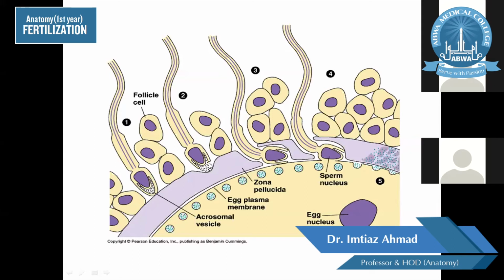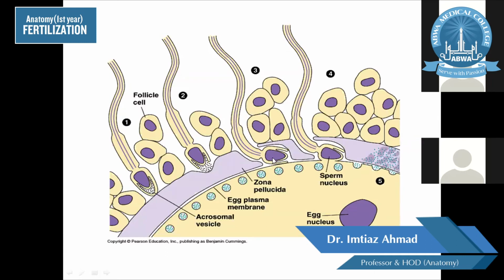They will digest a hole in the zona pellucida, and thereby this sperm would pass through it.